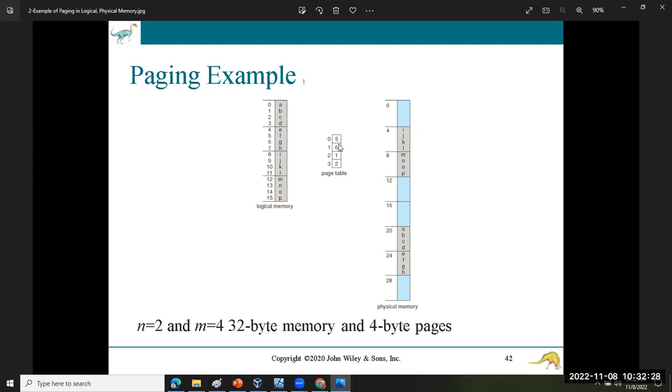So the 5th frame may include this particular component or this particular segment of physical memory in the frame. Okay, that's why it appears differently. Any questions about this deeper example?